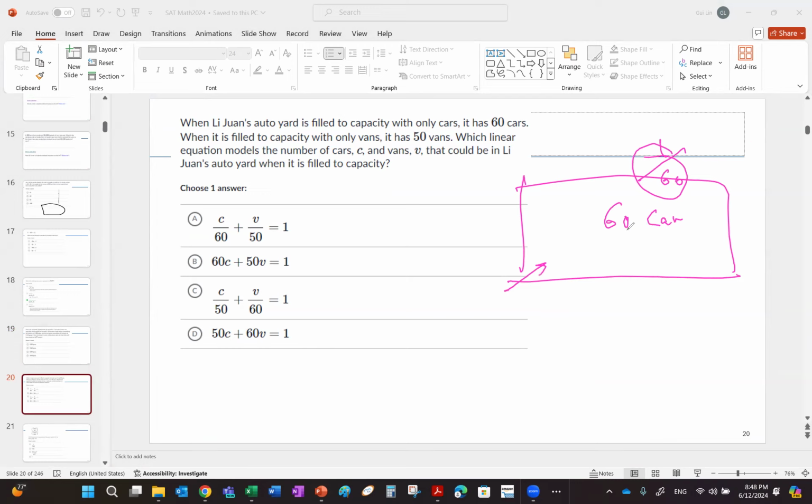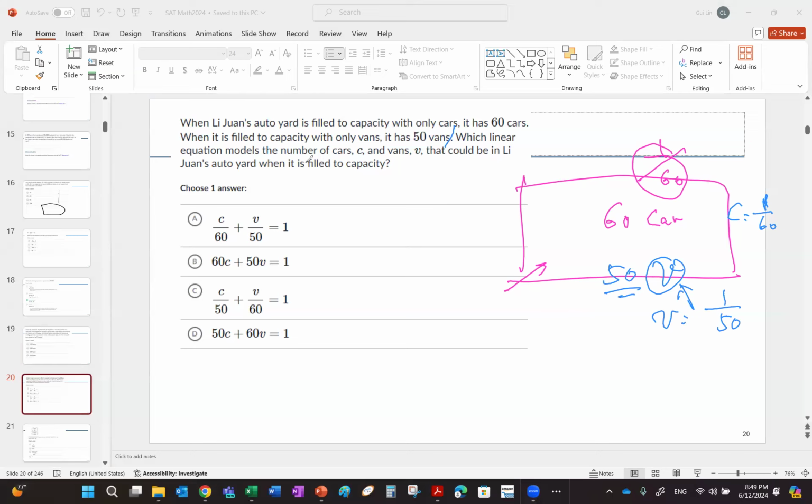So each van takes 1/50 of the space. Suppose the yard is one acre, one bigger unit.